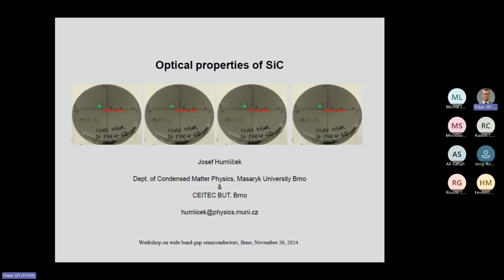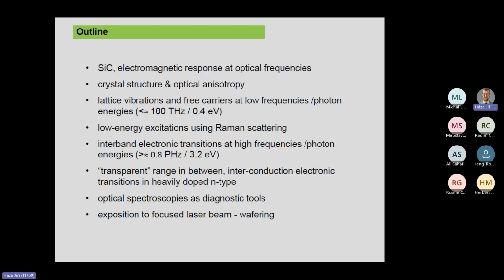Thank you, Libor. So we will focus on a very specific topic of optical properties of mostly 4H silicon carbide. You can guess what the 4 objects here are. We will see short comments on this. The outline is as follows. I will remind you of the electromagnetic response at pretty high frequencies, optical frequencies.